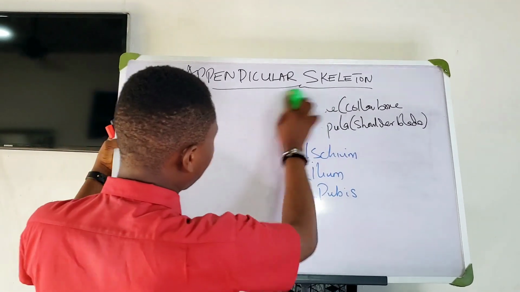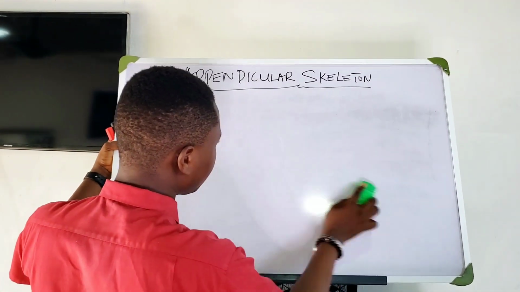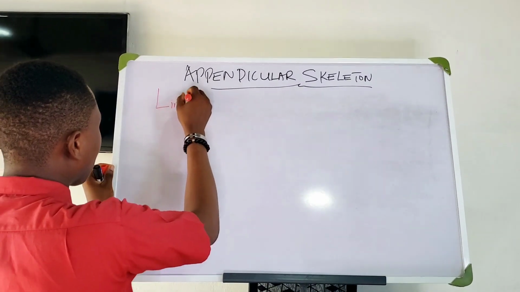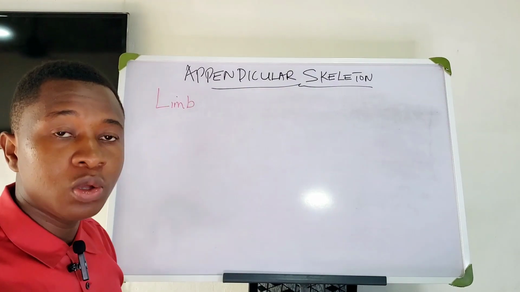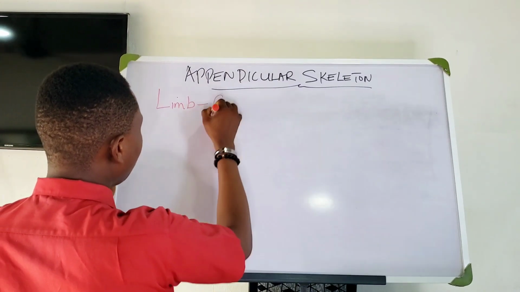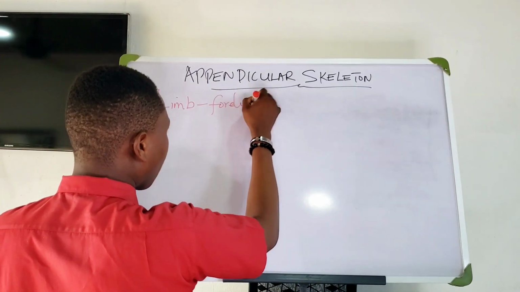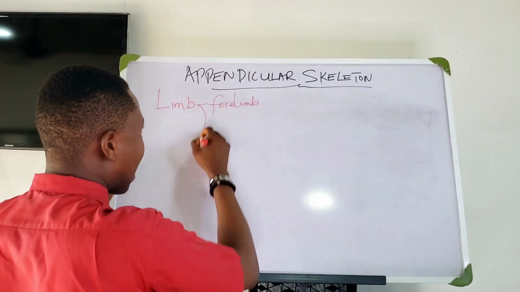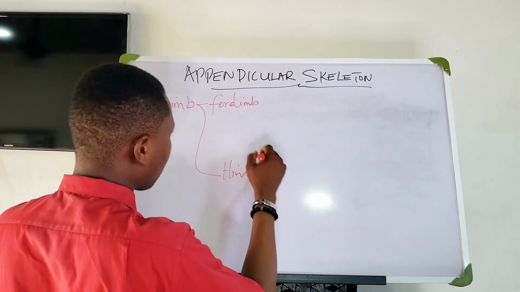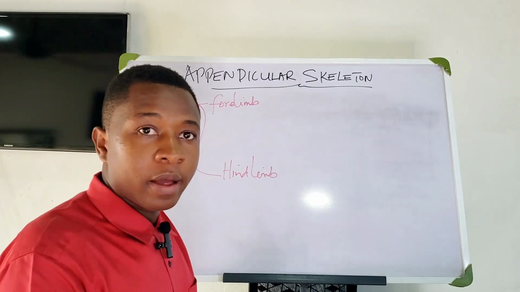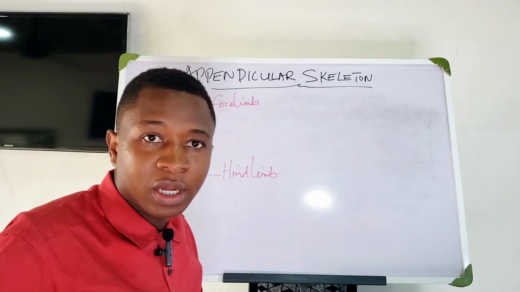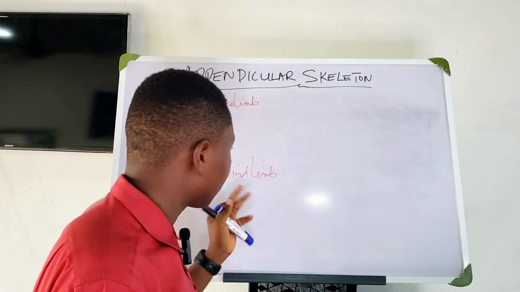Let's look at the limb. The limb is majorly divided into two. The first division is what we know as the forelimb or upper limb, and the hind limb. The forelimb is just our hands, your hands are the forelimbs, while the hind limbs are the legs.